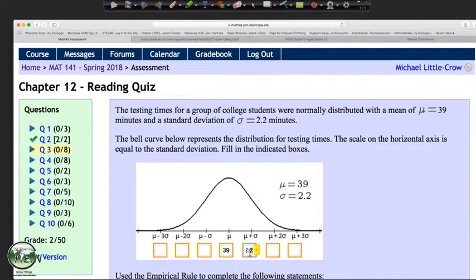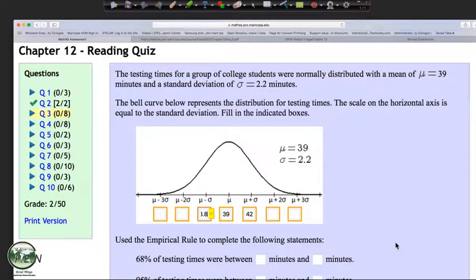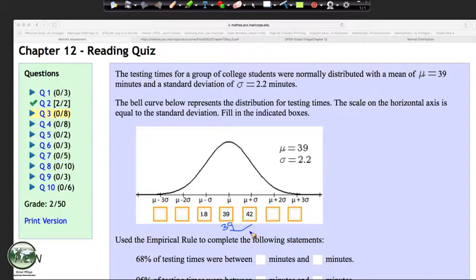And then this one, we're subtracting 2.2, so that's going to be 37. Just from 39, so we're subtracting 2.2, 36.8. So we'll just put a few notes here. This is the mean. Oh, we got more questions down below, so maybe we better finish it. This is going to be 42.2, and then we're going to add another 2.2, so that'll be 44.4, and another 2.2, that'll be 46.6.